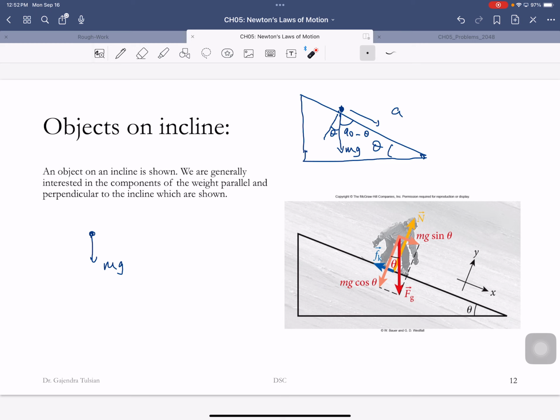So this is the hypotenuse, complete this right angle triangle. So this is mg cosine theta. And this component is mg sine theta. So the force that is accelerating you down the incline is mg sine theta.